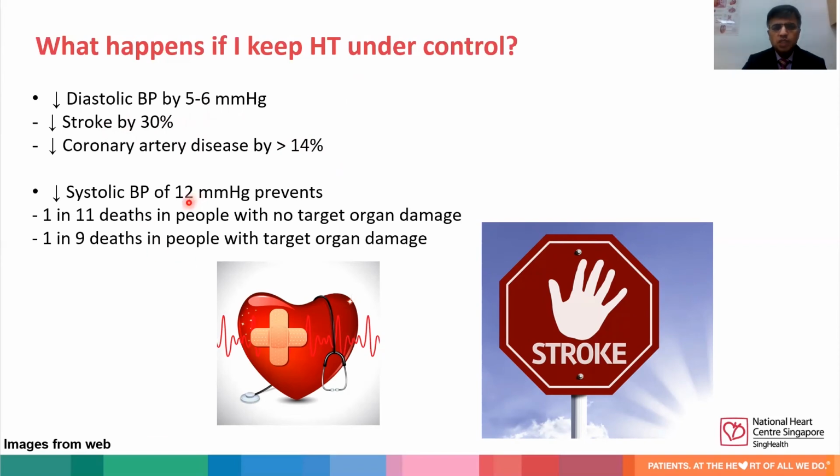If I reduce the top reading, the systolic blood pressure, by 12 millimeters of mercury, about 1 in 9 deaths can be prevented in people who already have target organ damage. In people who are still healthy, still 1 in 11 deaths can be prevented.